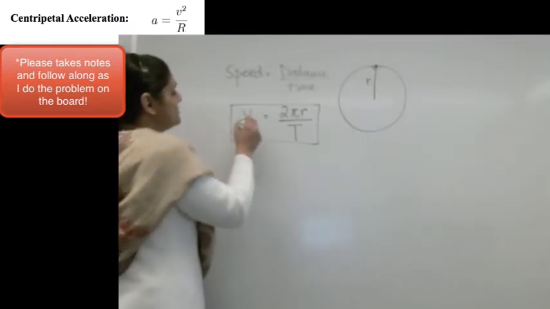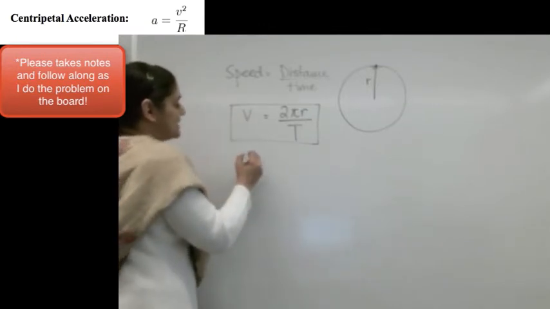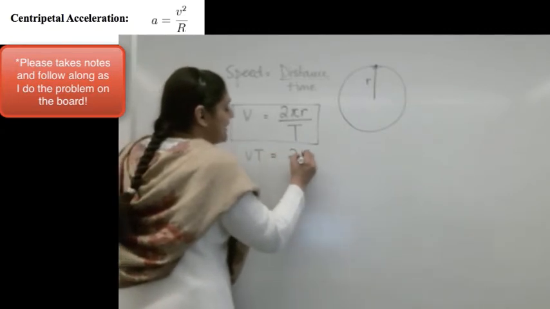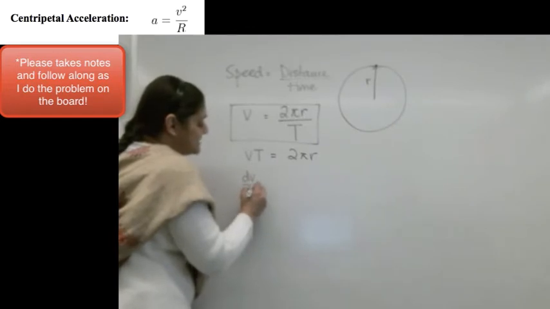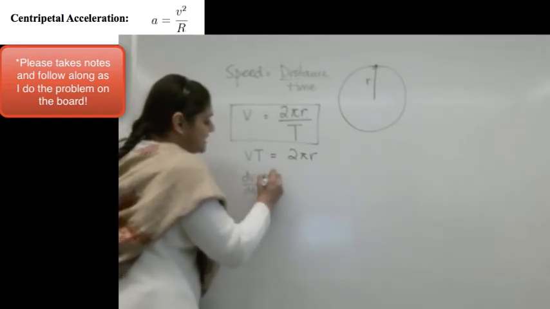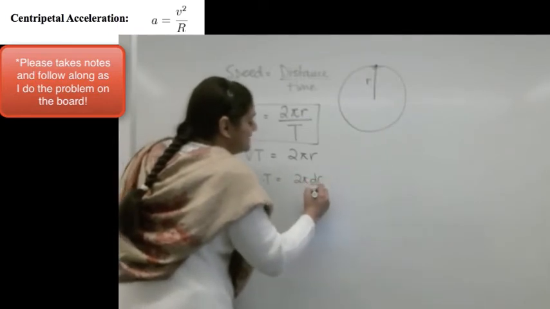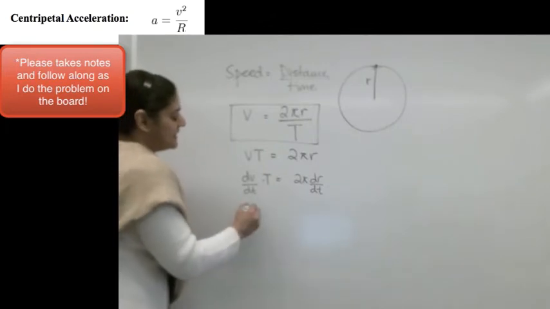However, what I can do is take the derivative with respect to t on both sides. So I can rewrite this equation as vT equals 2 pi r, and I could do dv by dt times T equals 2 pi dr by dt. Okay, what is dv by dt?